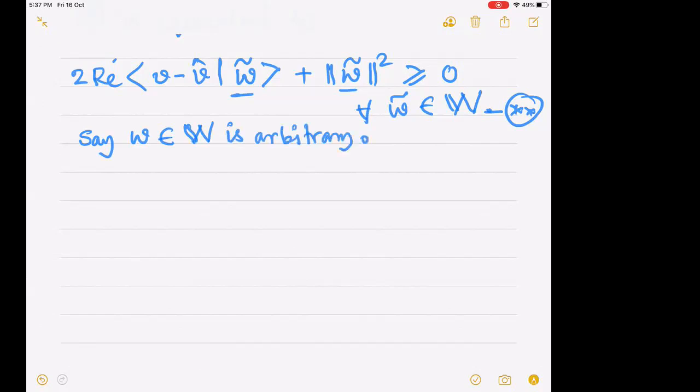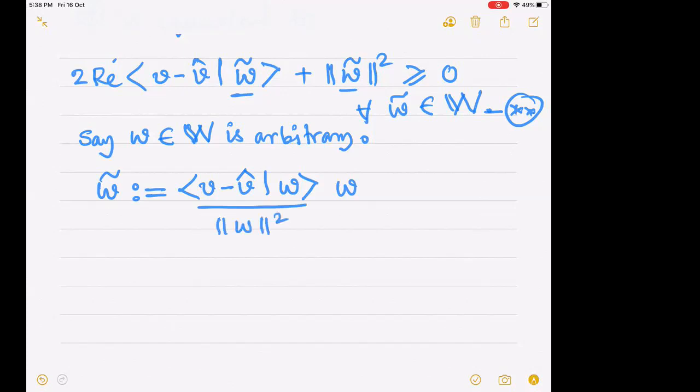With this arbitrary W, suppose I define W tilde to be equal to the inner product of V minus V hat, which is a fixed vector, with W, multiplying W, divided by the norm of W squared. That is how I'm defining W tilde. Notice that this indeed is a vector in W. This W tilde is in W.